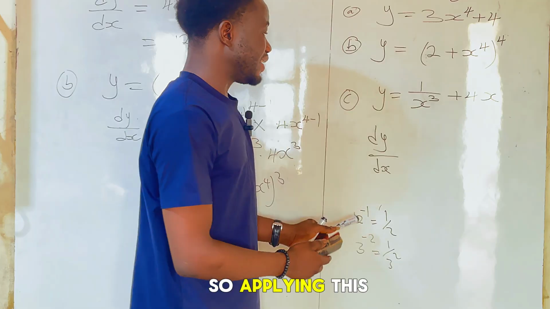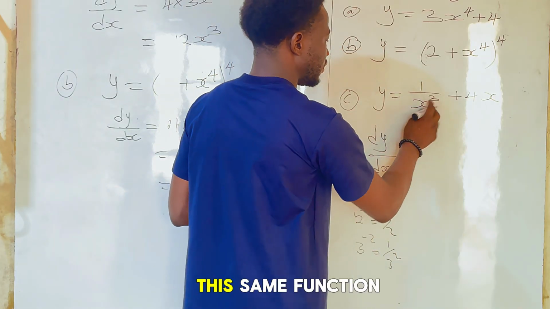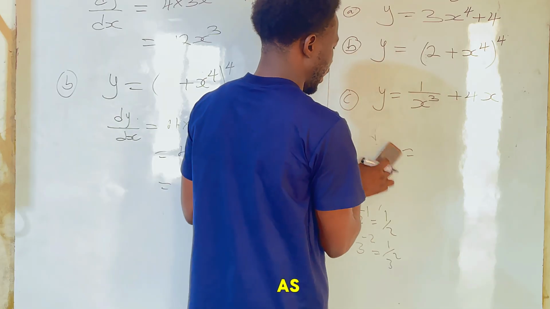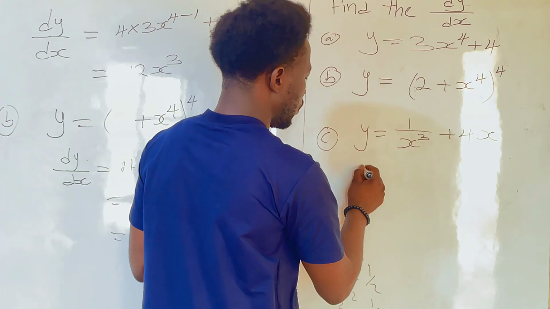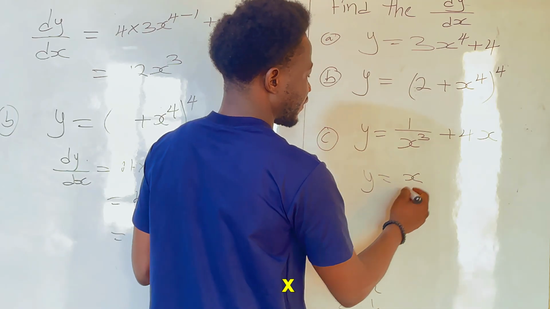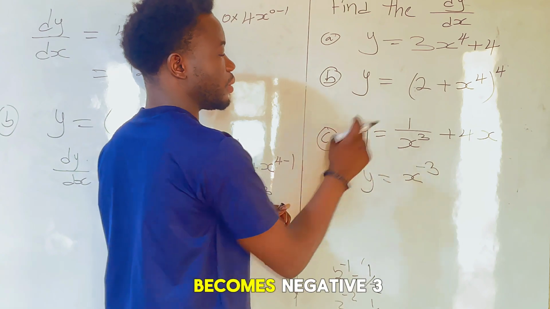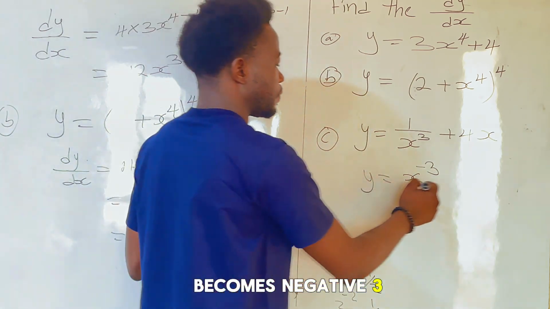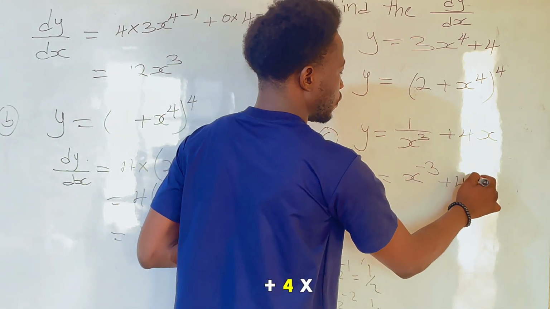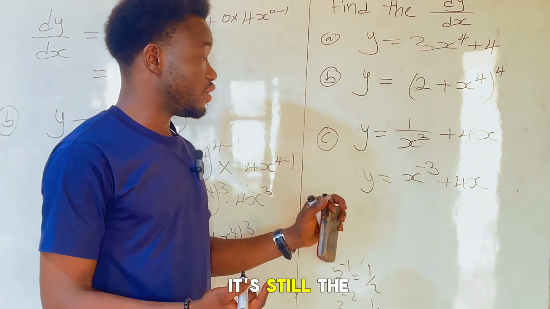So applying this indices principle here, I can rewrite this same function as y equal to x exponent negative 3 plus 4x. We have not done anything to the function, it's still the same.